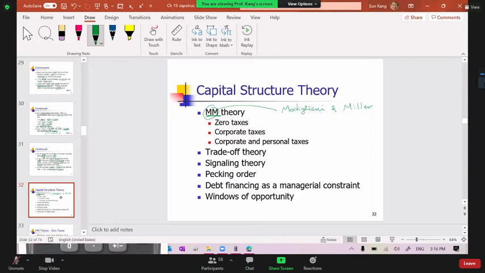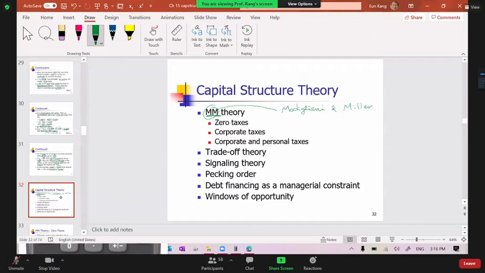And their papers are very phenomenal. Okay, they kind of set the stage of modern finance. It's rigorous analysis of capital structure, dividend policy, all financial affairs, especially corporate finance.